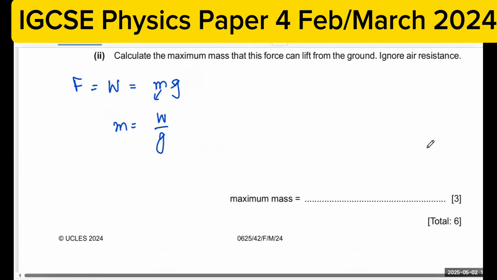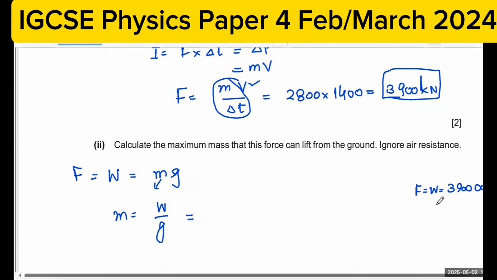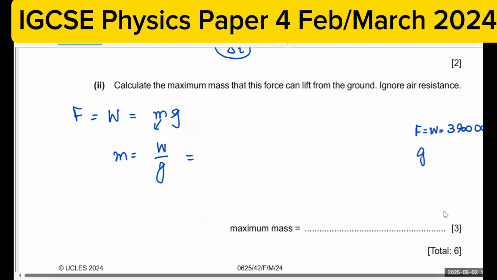So we can write 39,000 Newton because we have to remove the kilo, and divide by g, the value of g is 9.8 obviously. So here I'm using the equation, force that is equal to W, that is equal to 3900 kilo. Kilo means 1000 Newton. The value of g is 9.8 meters per second square because this is the acceleration due to free fall.